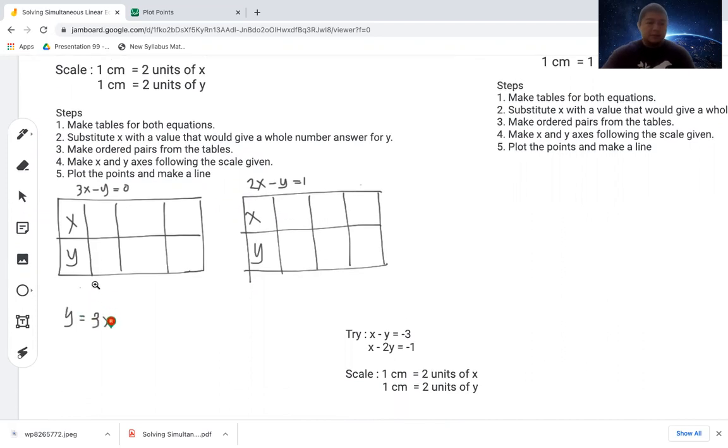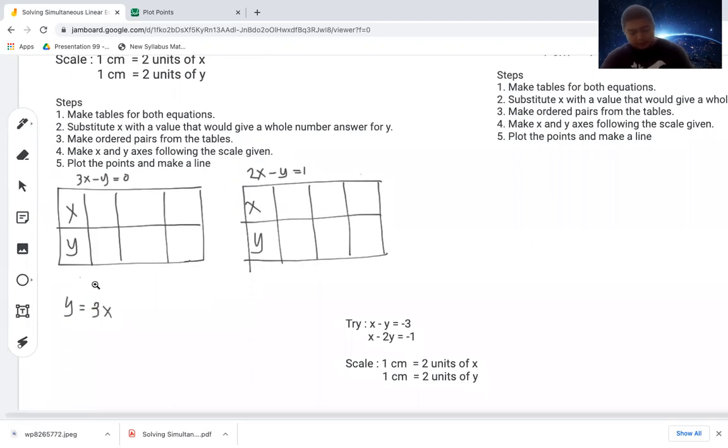So let's say, for example, I have here 3x and I want the value of the x to be 0. So this will give us a calculation of y is equivalent to 3 times the value 0, which is going to give us an answer of 0. The next one that we're going to do is to think of another number.